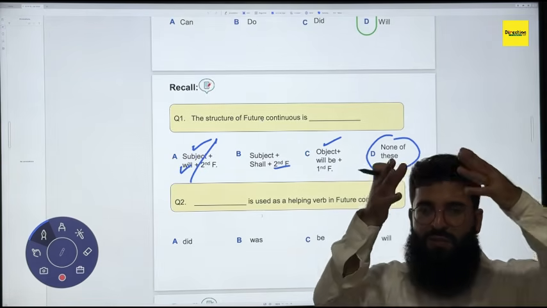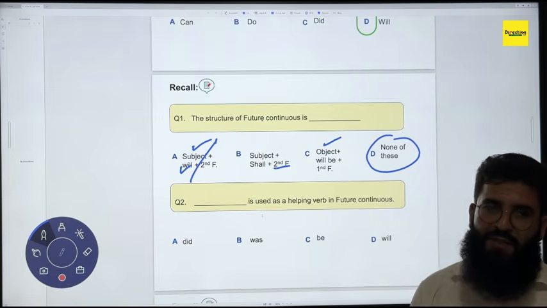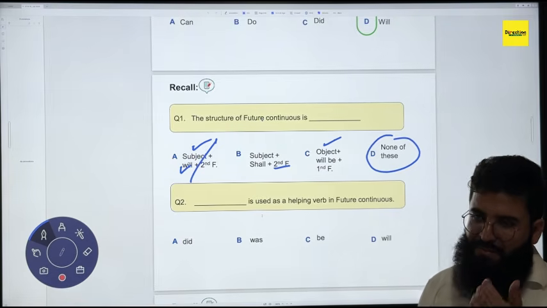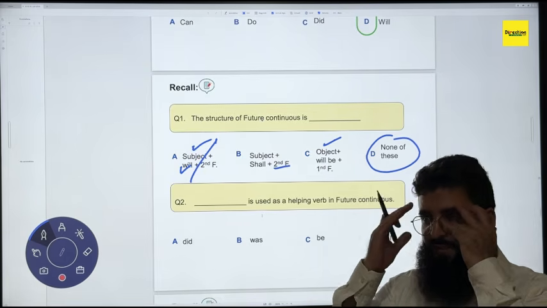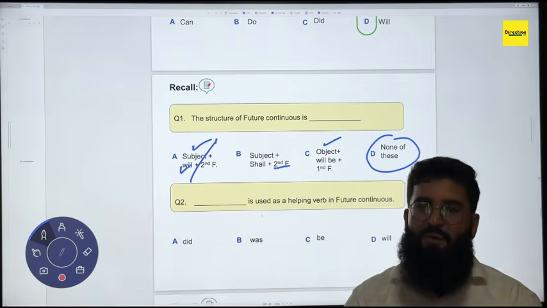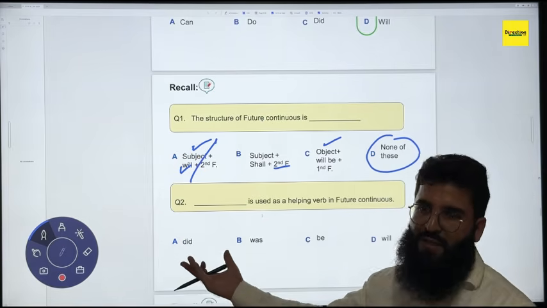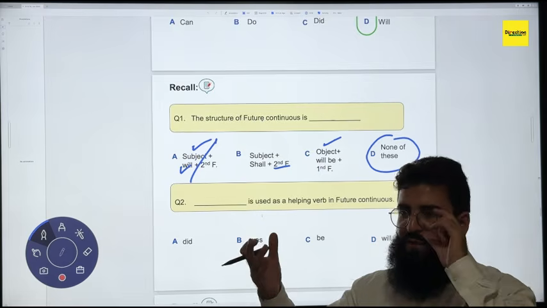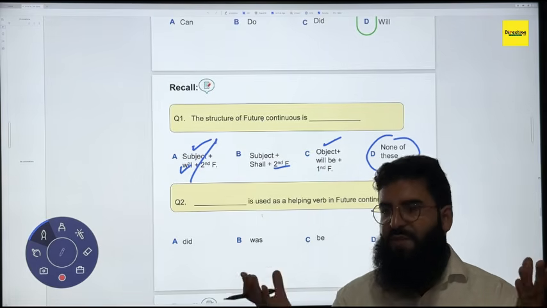One word which is used in all future tenses is will, but the helping verb is different. Yeah, that's B. I told you the chart of the helping verbs. Just spend at least 3-4 minutes to remember the helping verbs. There's no shortcut to some things. Some things we have shortcuts for, like we use these tense structures to make millions of sentences.